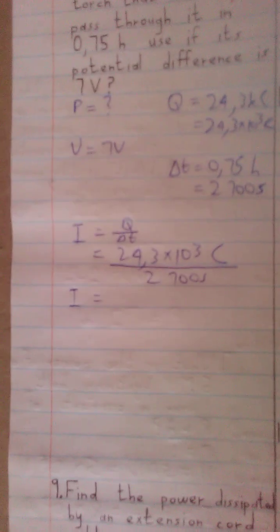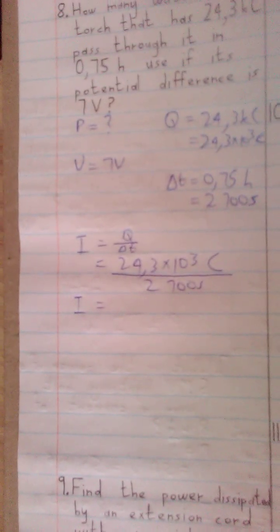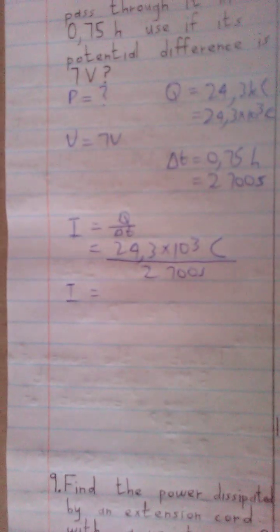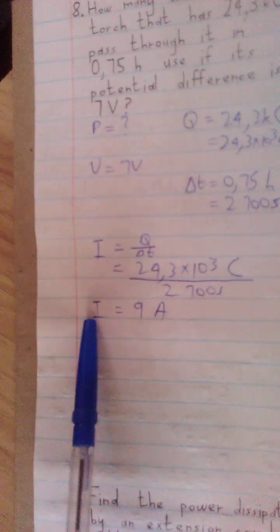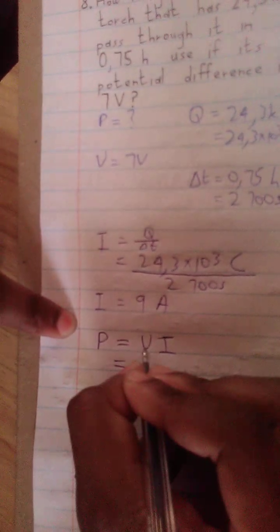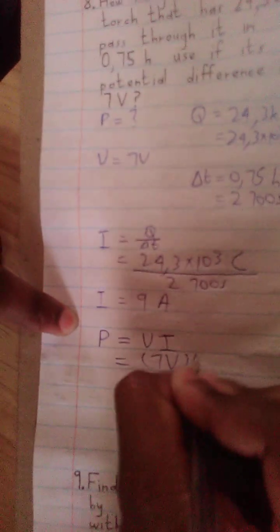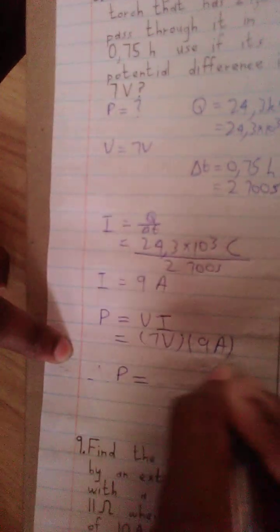So current is 9 amperes. We have this and we have this. So we can use the one which has V and I. P is equal to VI. V is 7 volts. I is 9 amperes. 7 times 9 is 63. Power is 63 watts.